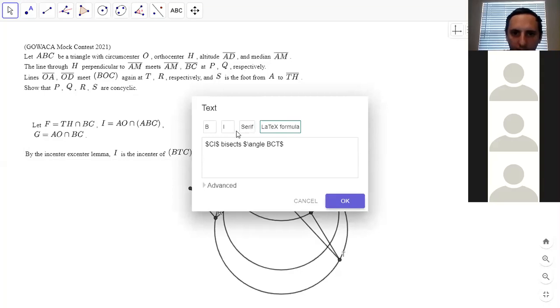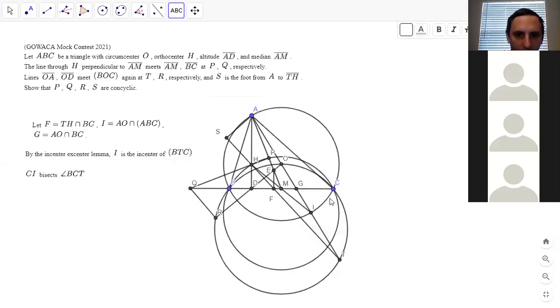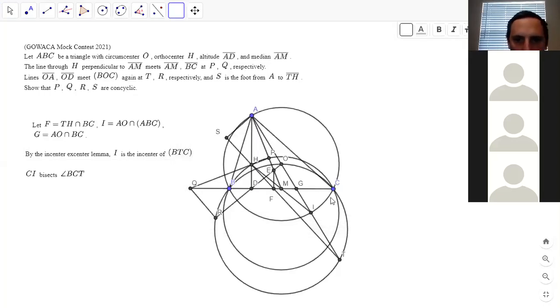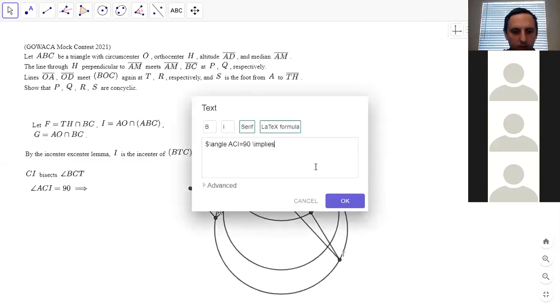And also, since angle ACI is 90, that means that AIGT are in harmonic conjugation.